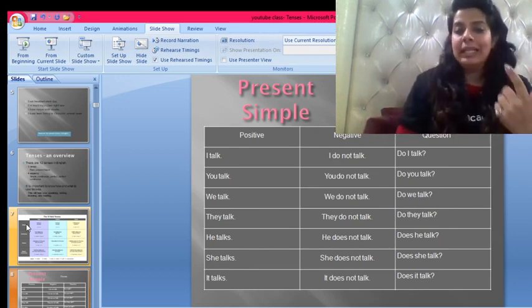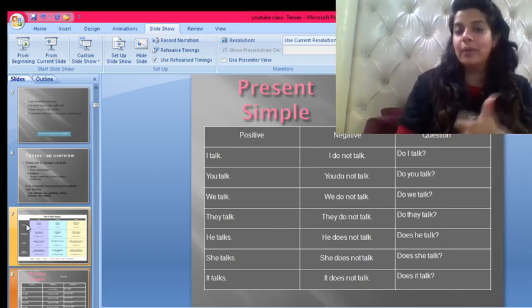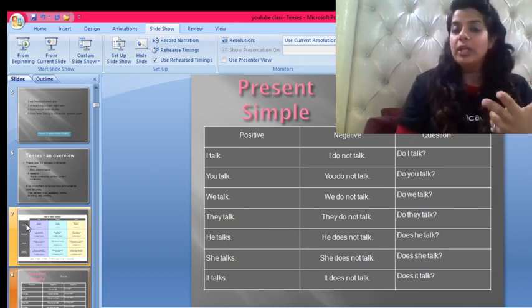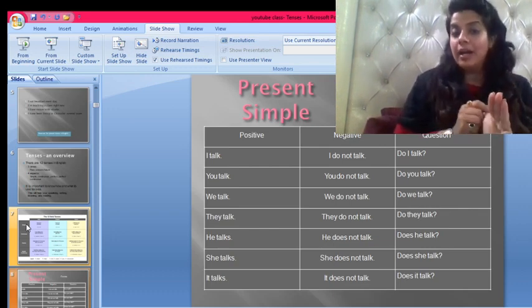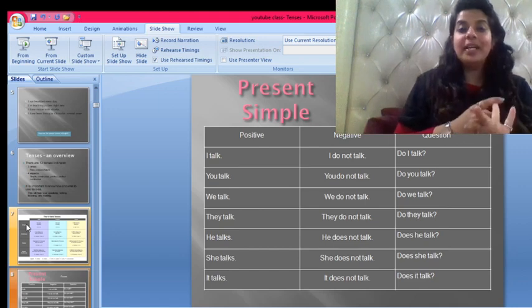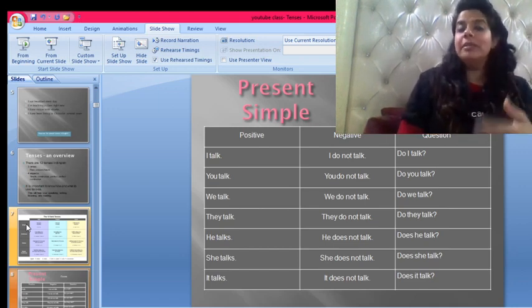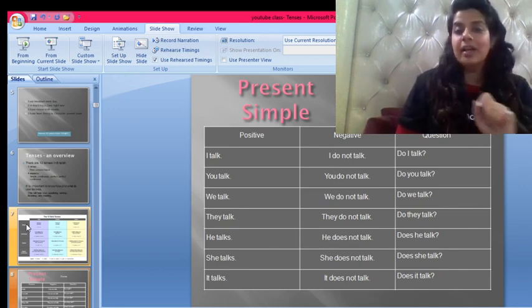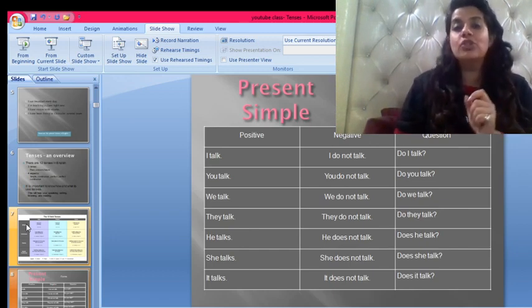Now, one thing to be noticed over here is I said I talk, you talk, we talk, and they talk. So it means when I'm saying I, you, we, and they, I am using the simple base form talk. But the moment I use he, then I add s after the verb. I say he talks, she talks, it talks.